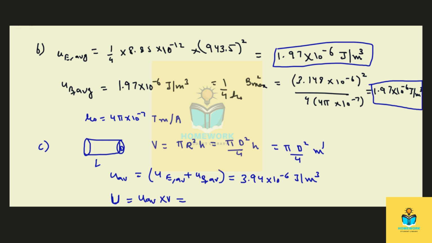So putting all this, we have 3.94 into 10 to the minus 6 joule per meter cube, times h equals 1 meter, times pi r square, which is 1.25 into 10 to the minus 3 square.